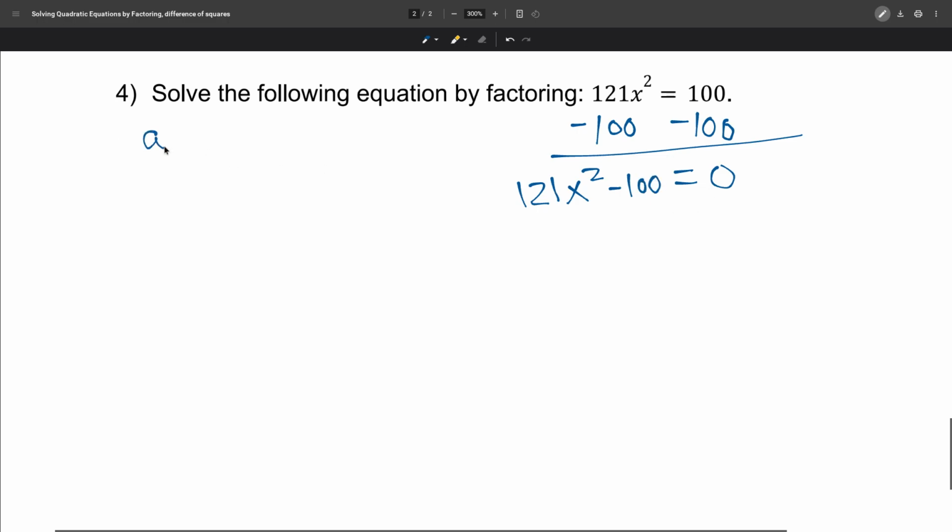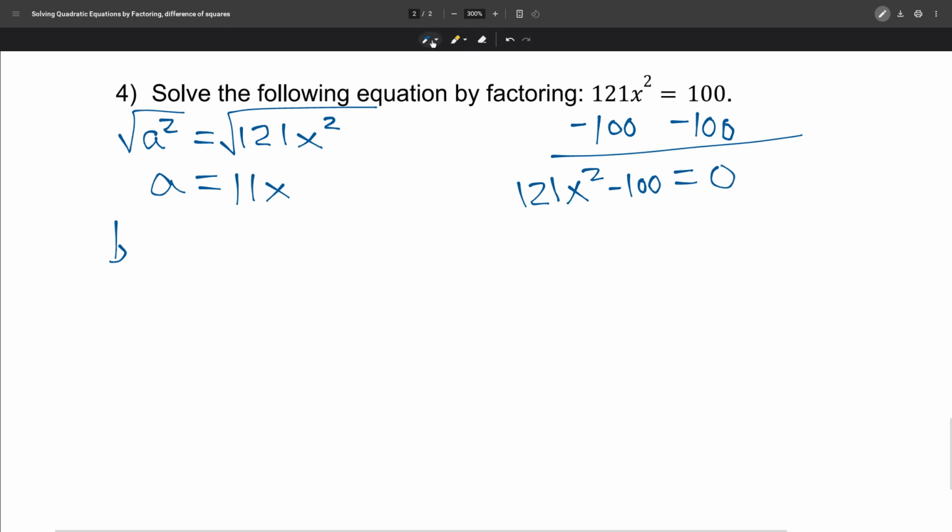Okay, so if we say a squared equals 121x squared, well, if I want to solve for a, I'm going to take the square root of both sides. I'm going to say a equals square root of 121 is 11. Square root of x squared is just x. Okay, if we want to say b squared, the 2 got away from me a little bit there.